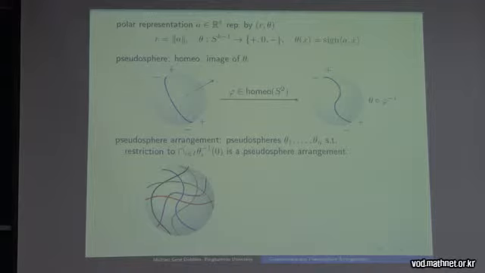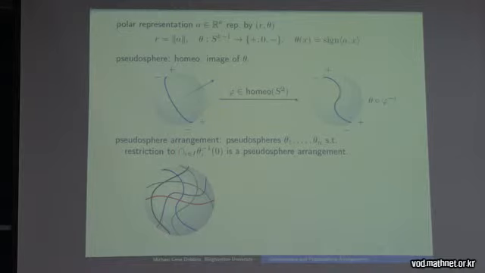So here would be a picture in rank 3. Here I've only drawn one side of the pseudosphere, but since any two pseudocircles should intersect in something like a 0-dimensional sphere, which consists of 2 points, if I pick out any two of these, they should only intersect in 2 points. So for example, this red one and this blue one, they intersect in 1 point in the front, and they would also intersect in 1 point in the back.